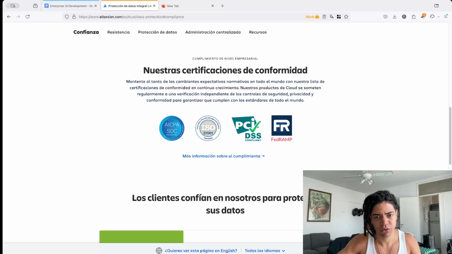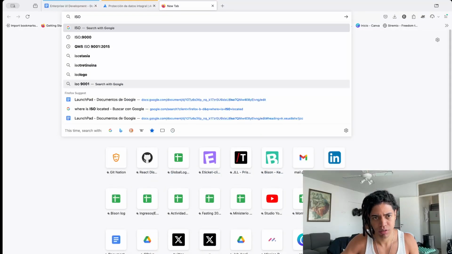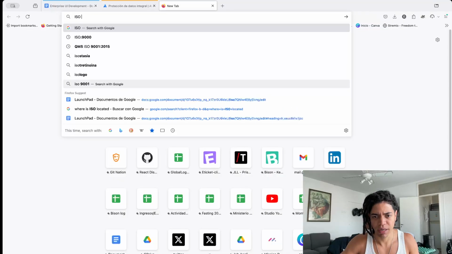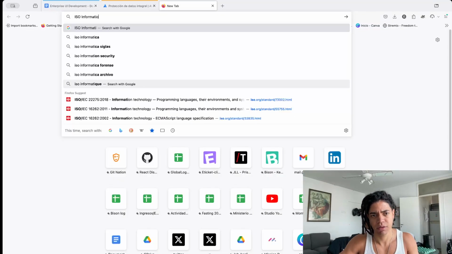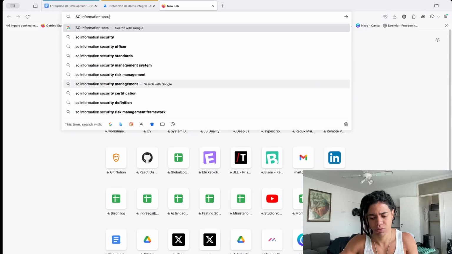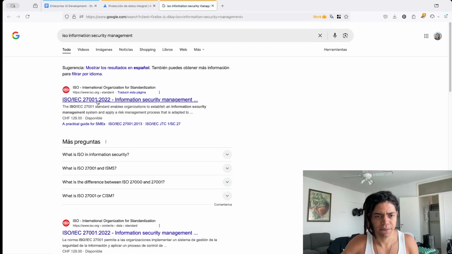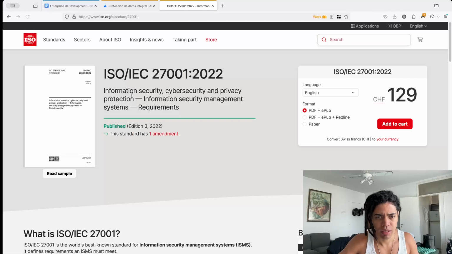Okay, the ISO, information security management, right? Is this one? Information security, cybersecurity, and privacy protections.